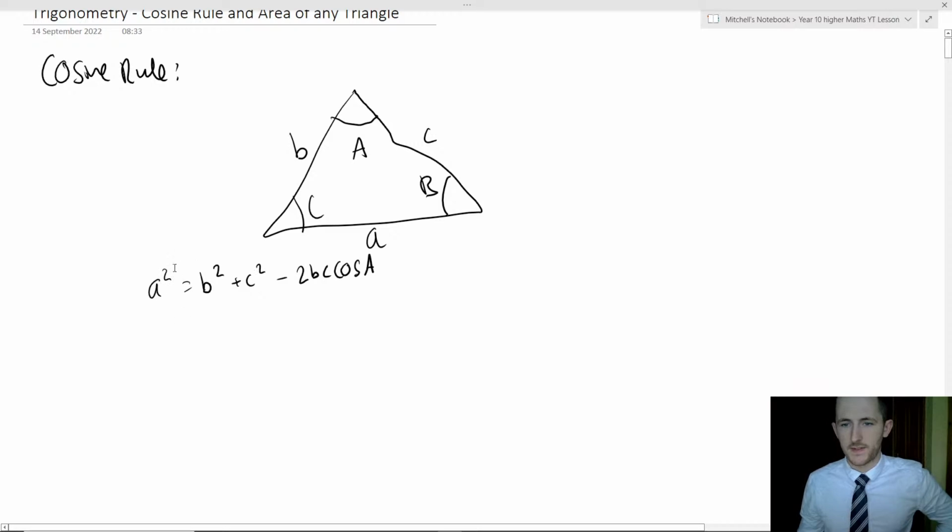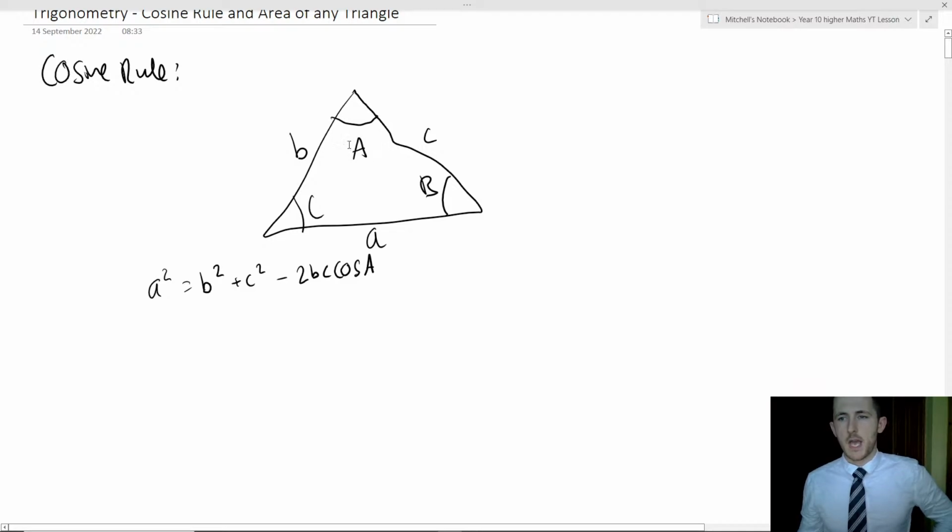Okay, so if we have a look at what this is actually saying, it's saying that if I take one side, so a, and I square it, that's equal to both of the other sides squared and added together, minus 2 times those sides times cos of the angle between them.